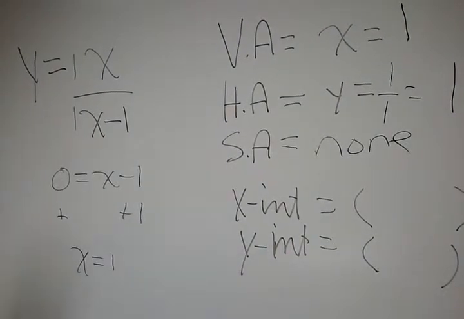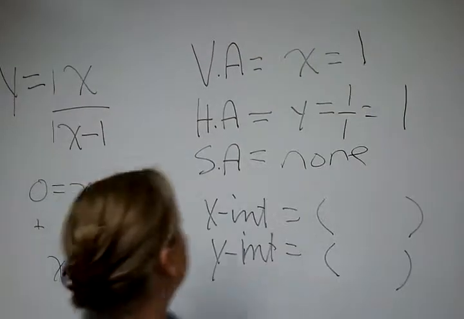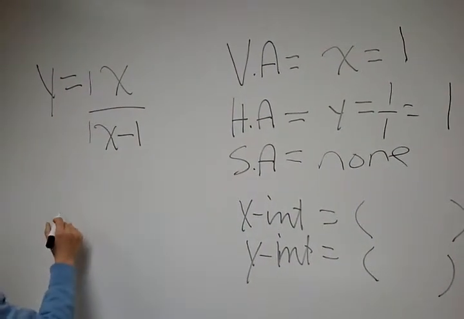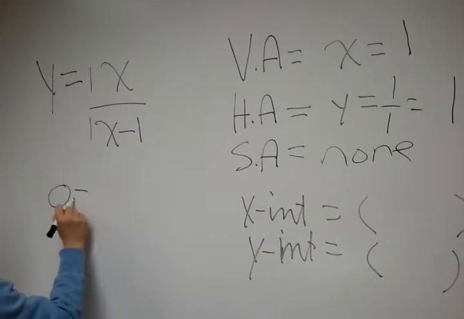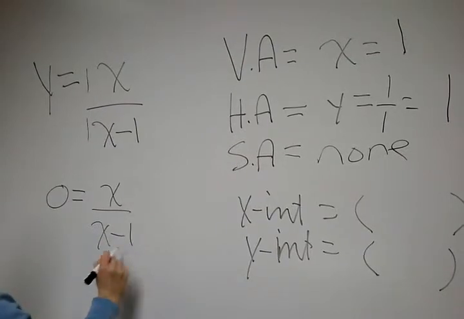For the x and y intercepts, for the x-intercept, we set y to 0. So 0 equals x over x minus 1.